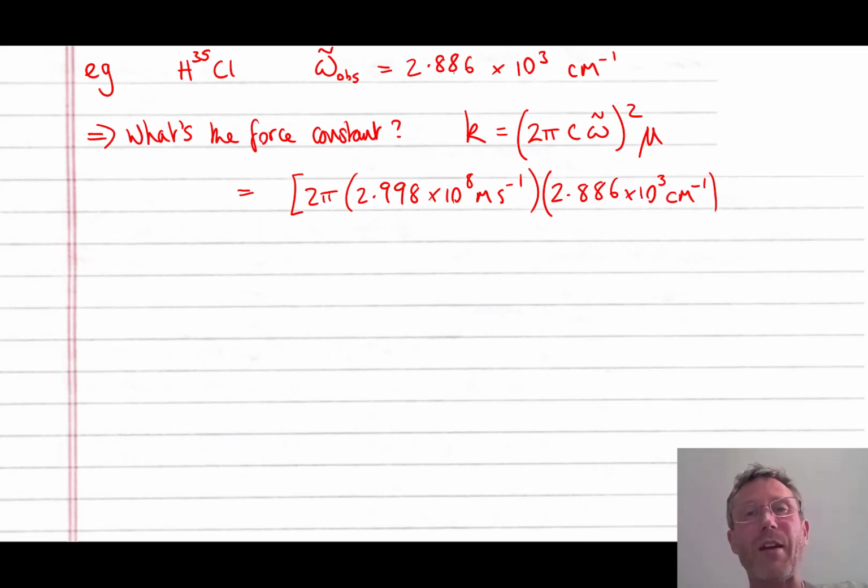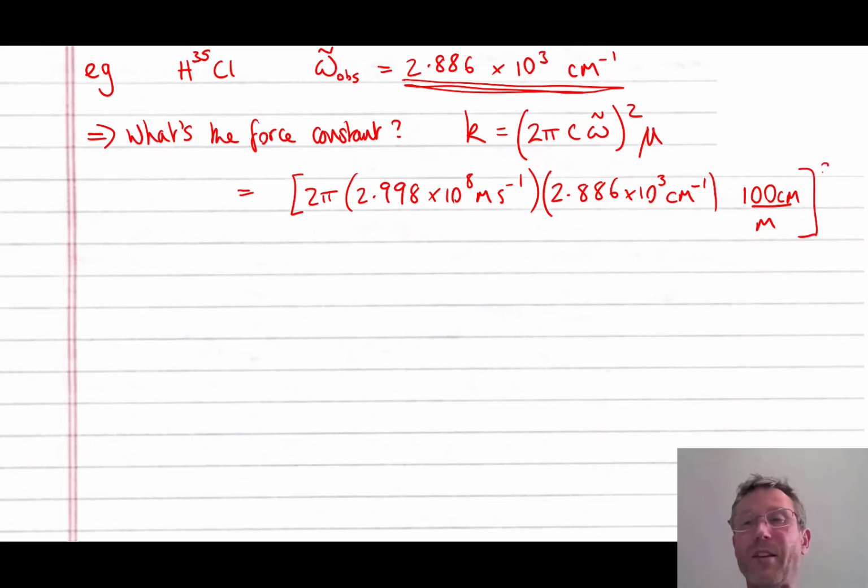All right, so that was our observed spectroscopic line, and then in here we have 100 centimeters per meter, because we're going to convert from centimeters into meters, and then we're going to square this whole thing. We've now got to multiply, and find out what our reduced mass is.